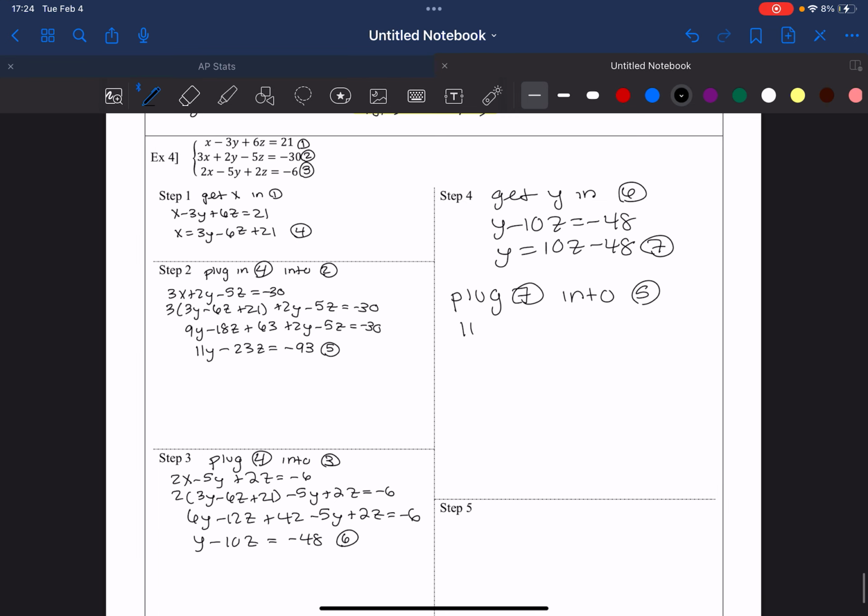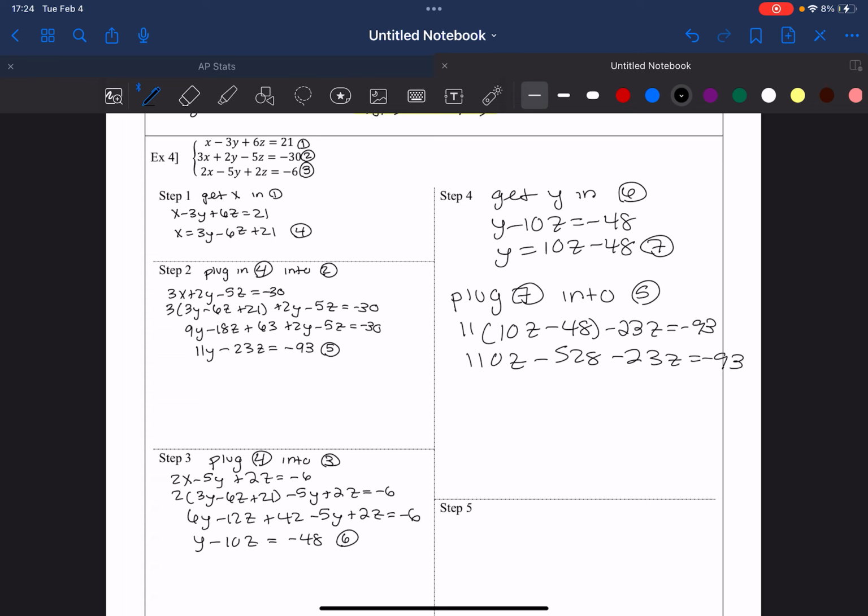So I have 11 times 10z minus 48 minus 23z is equal to negative 93. So this is 110z minus 528 minus 23z is equal to negative 93.